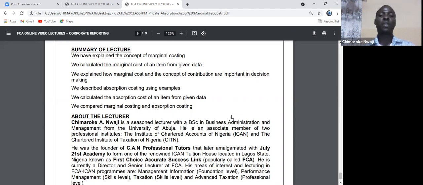So far so good. You have been able to see how marginal costing plays a vital role in planning and decision making, and we are going to be exploring more of marginal costing.